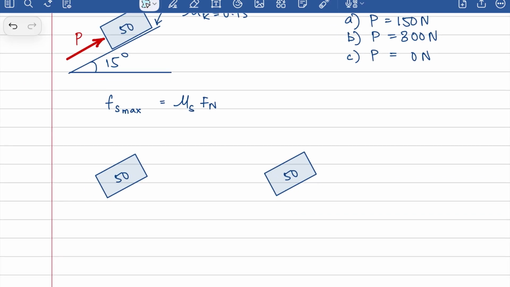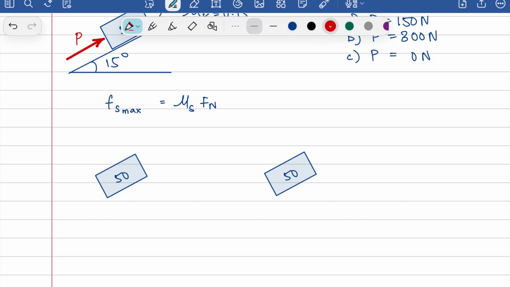You have this P acting in this way, along the slope, right? You have the gravitational force that is 50g acting in this way.